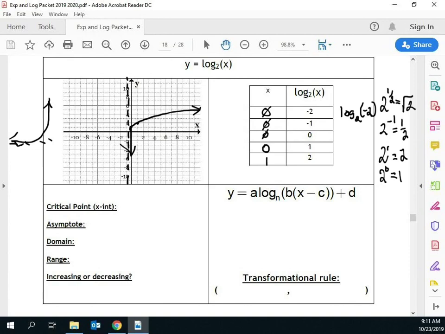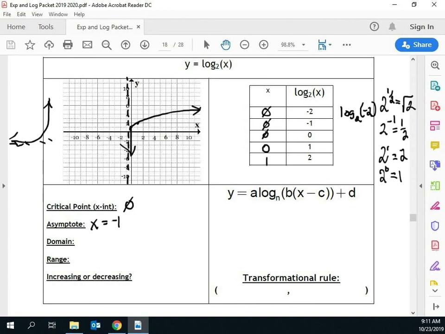And so what you see here is kind of the same thing as an exponential, but it's turned to its side. And so we go along and we ask, what are some critical points here, or our x-intercept? Well, it's where y equals 0. Well, do we have an x-intercept at all? No, we don't. The asymptote is x equals -1.